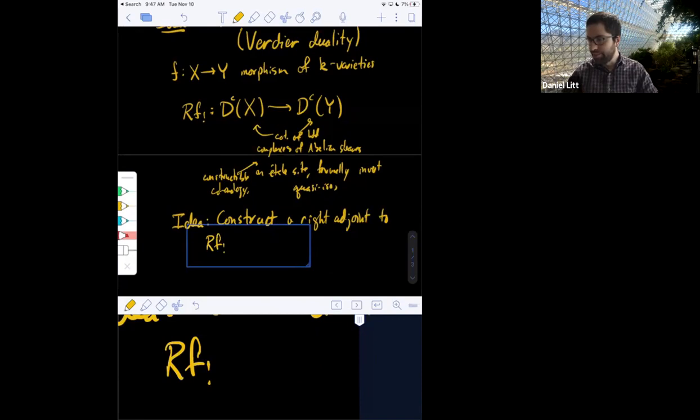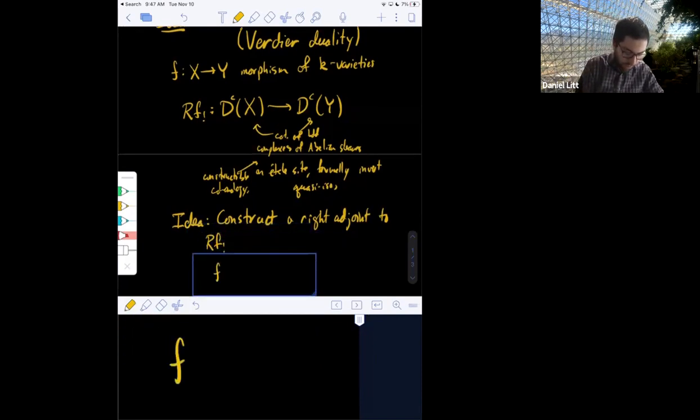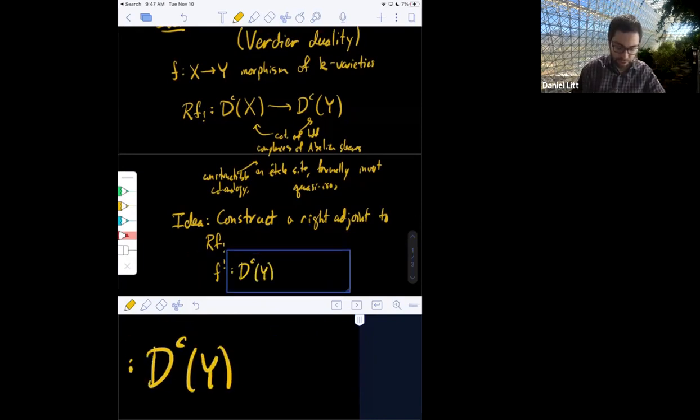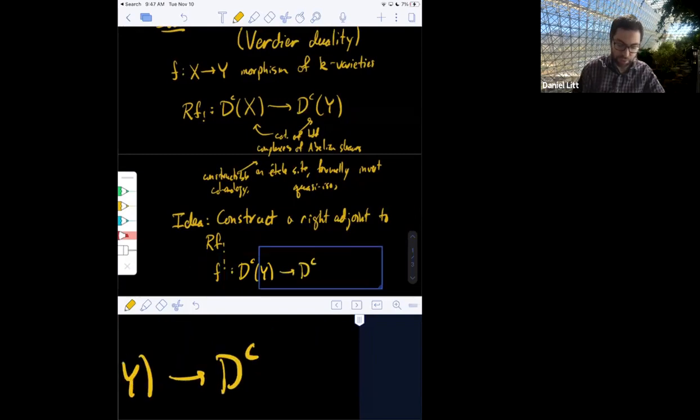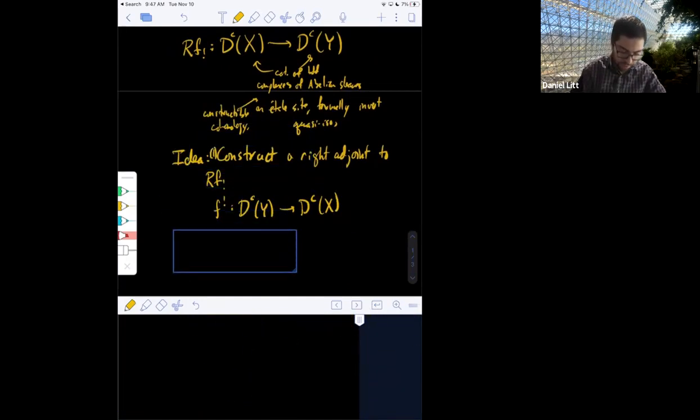We'll call it F upper shriek, and this will be a map from the constructible derived category on Y to the constructible derived category on X. So this is step one: we construct a right adjoint in general, and then step two is to actually compute it.